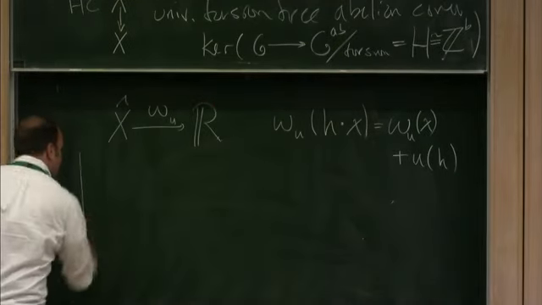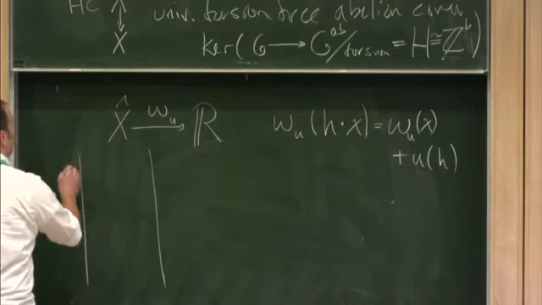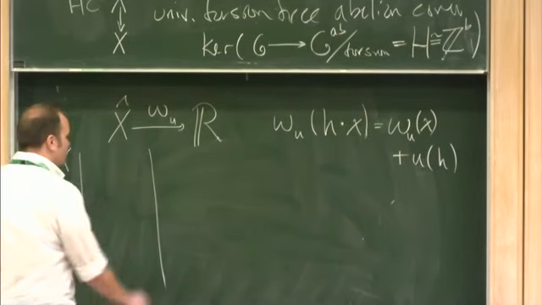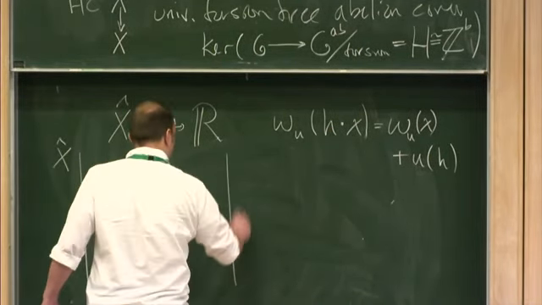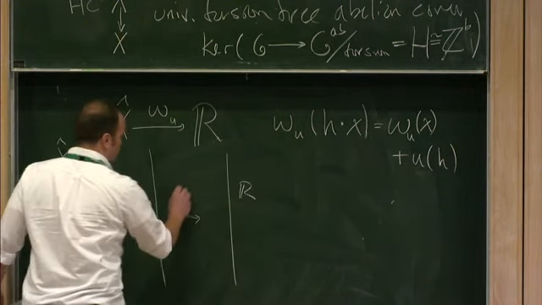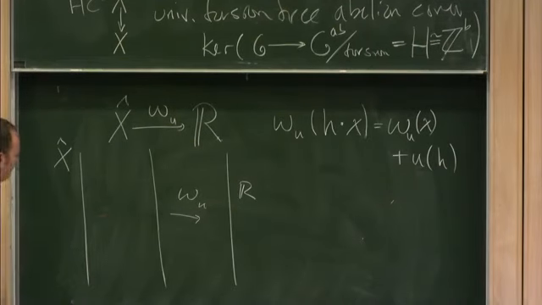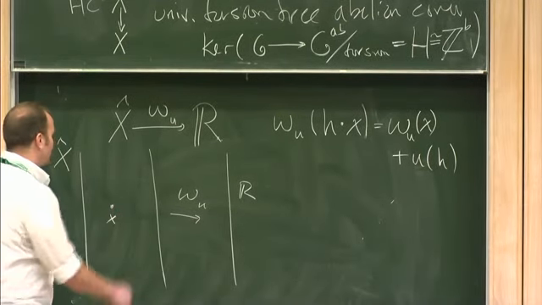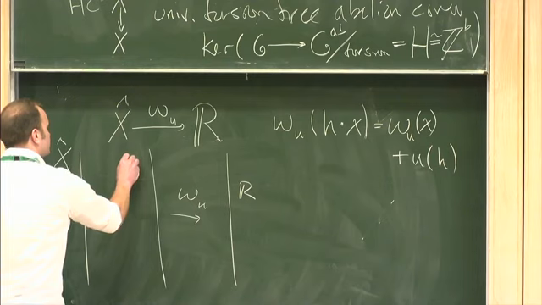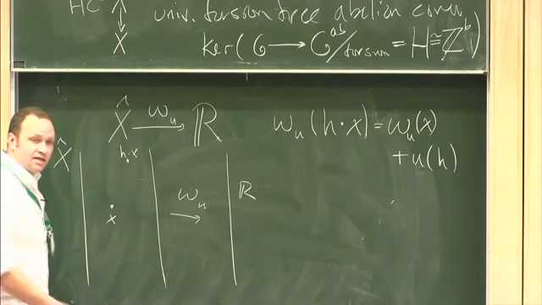So why is this the right thing? Let me just draw a picture. Maybe here's x hat, and we have a function to R. If I have some point x, how do I get from x to hx? Well, I think about lifting a loop.